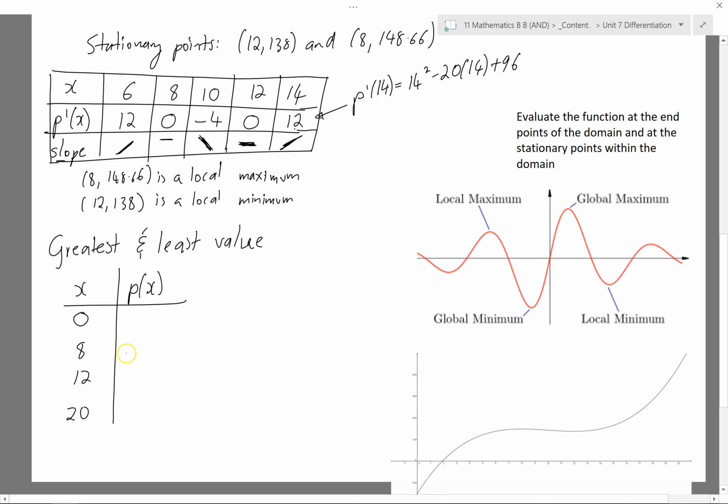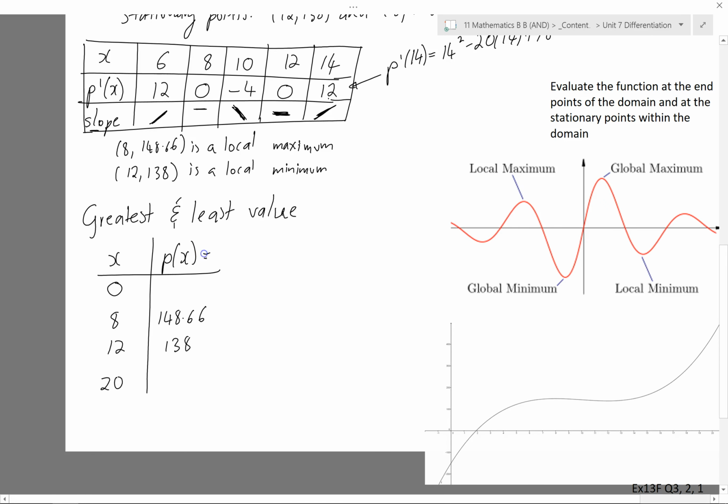I've already substituted in for 8 and 12. So all I'm really doing is just checking these endpoints to see they're not bigger than the local min and the local max. Okay, so I'll substitute these two points in using my original function.